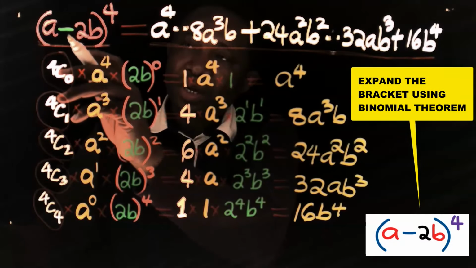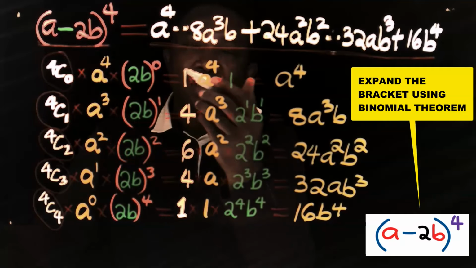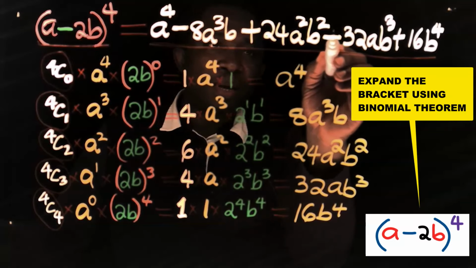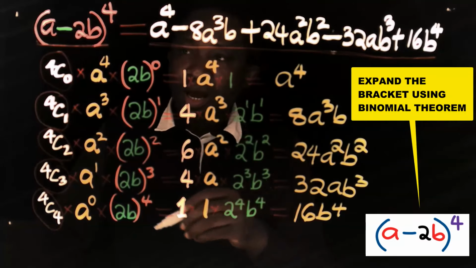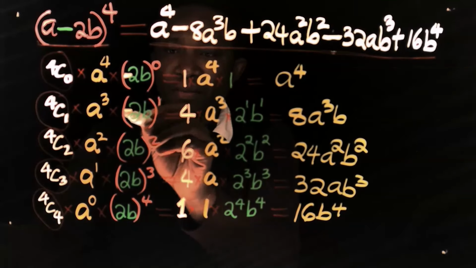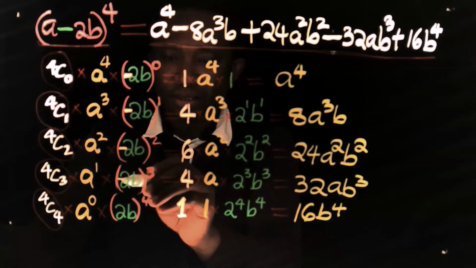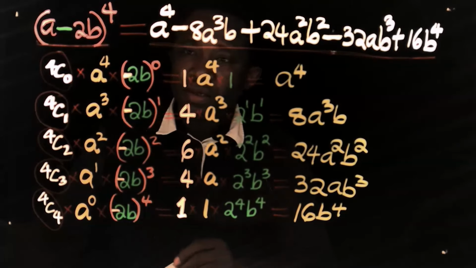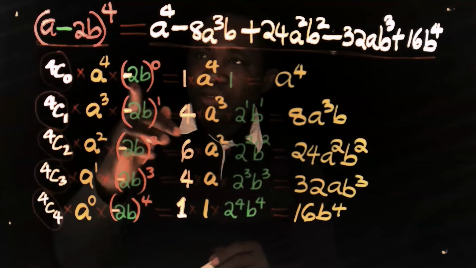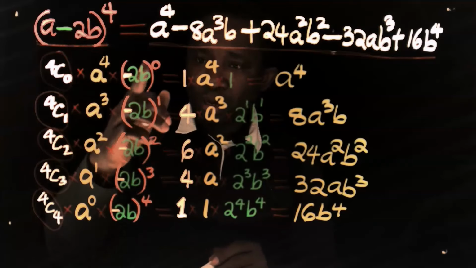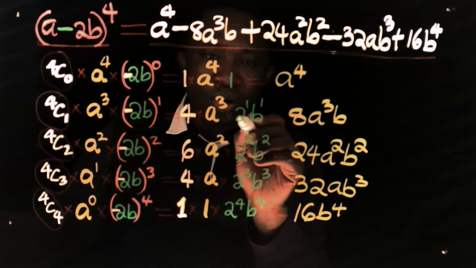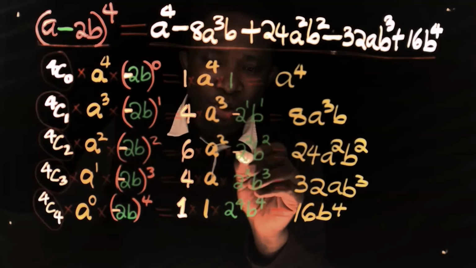For a minus replacing plus here, this will become a minus, this will become a minus, and these two each will have a minus inside this bracket. If this were a minus, and this minus 2b will be inside each of these brackets, this will equally affect each of these as well.